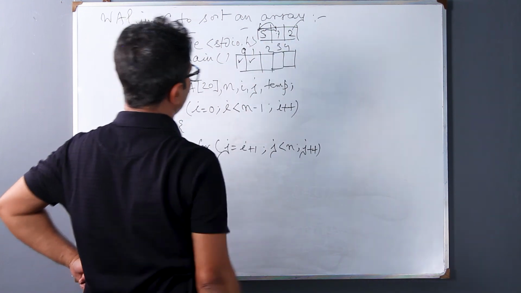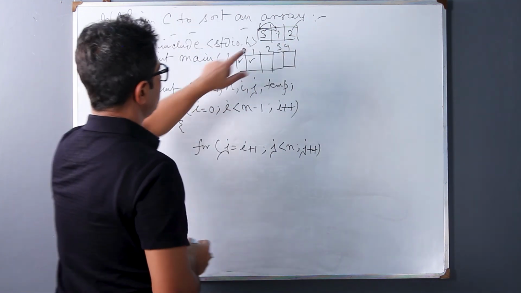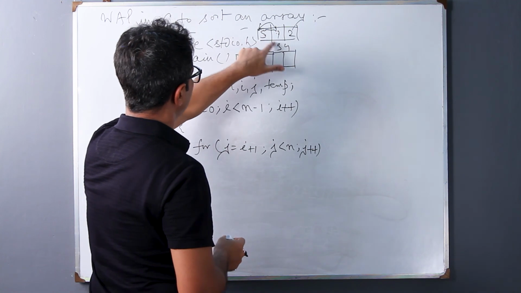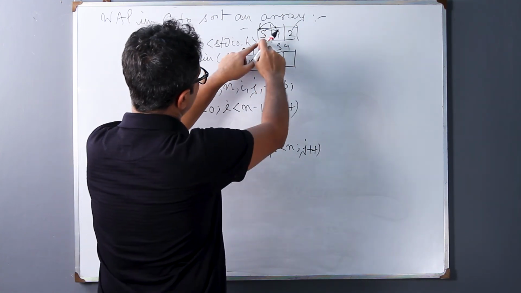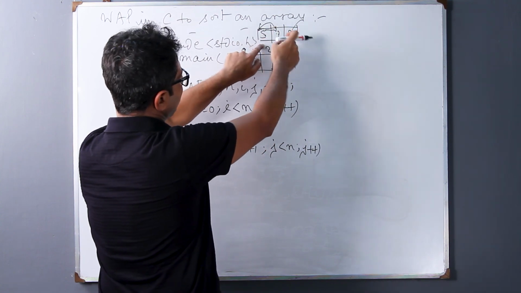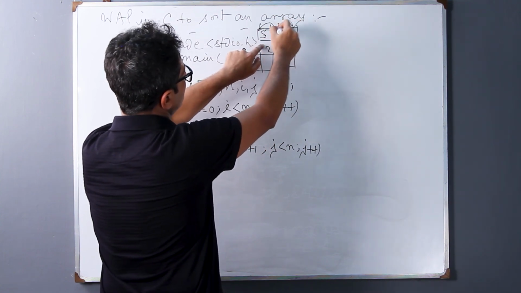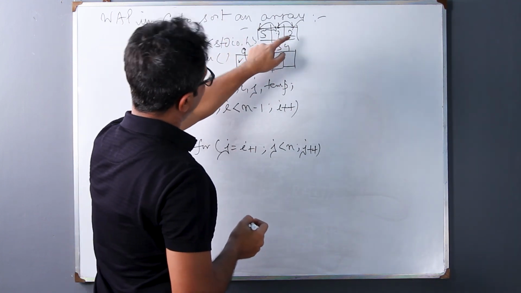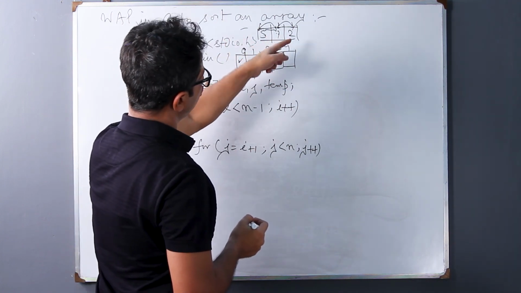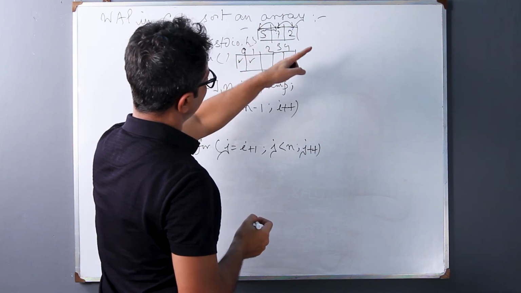Suppose 1 is less than 5, so 1 will come before 5 and 5 will come after that. Then it will become 1, 5, 2, and then again we will do this comparison for the next pair, that is 5 and 2, and again 2 comes before and 5 gets behind that.